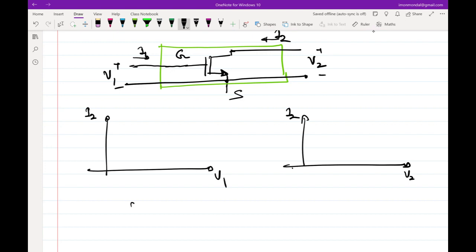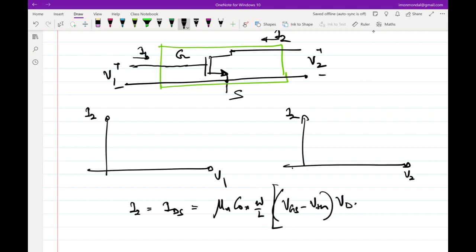We also derived the equation for this particular structure. The equation was I2 equal to IDS, the current between drain and source, equal to mu n Cox W over L times (VGS minus threshold voltage) times the drain to source voltage, minus half of the drain to source voltage squared.